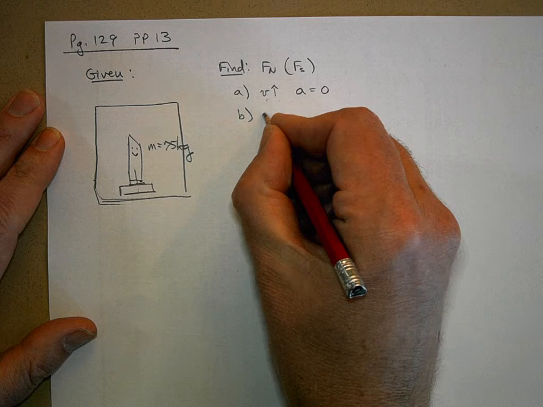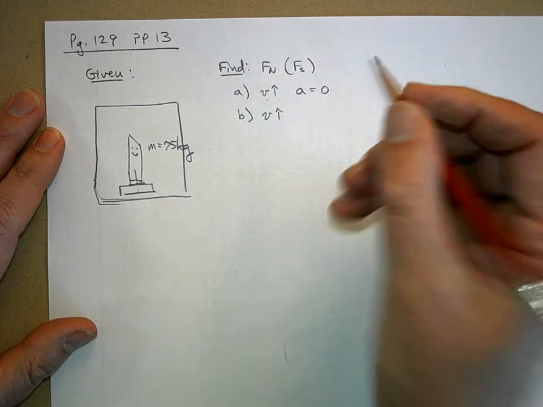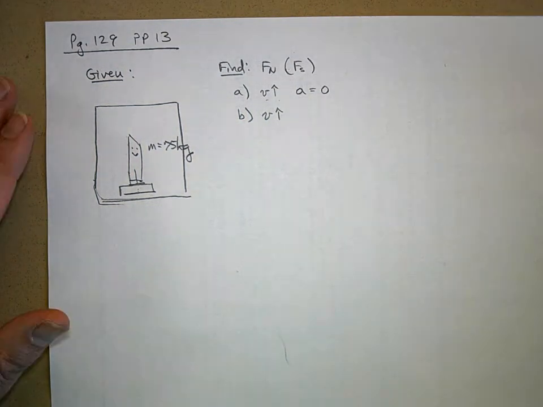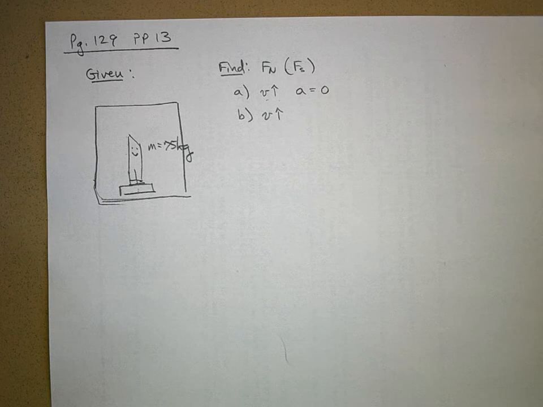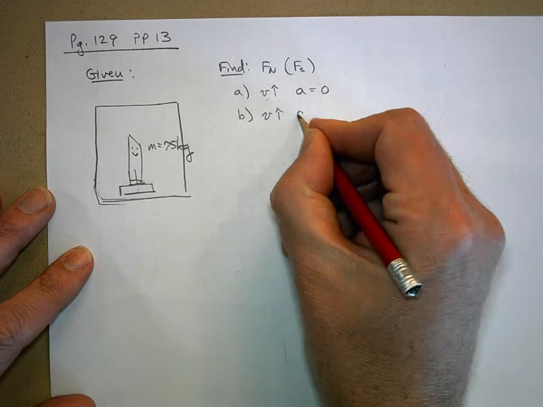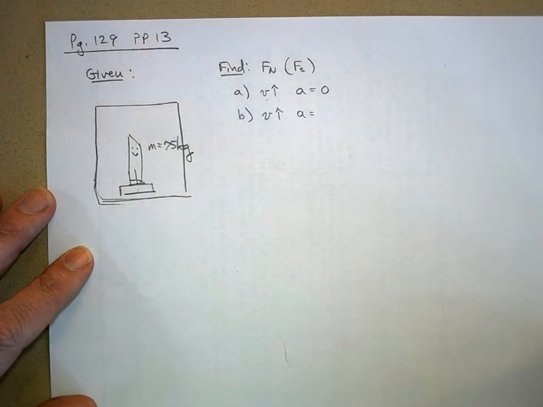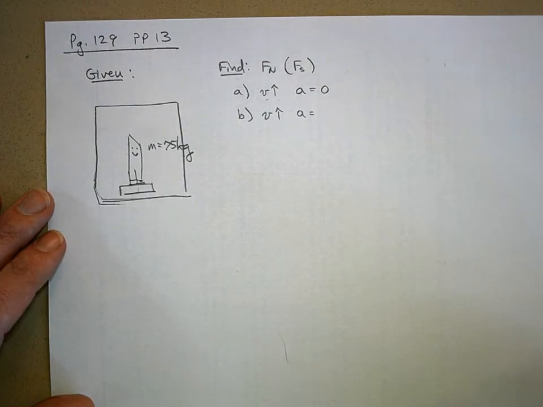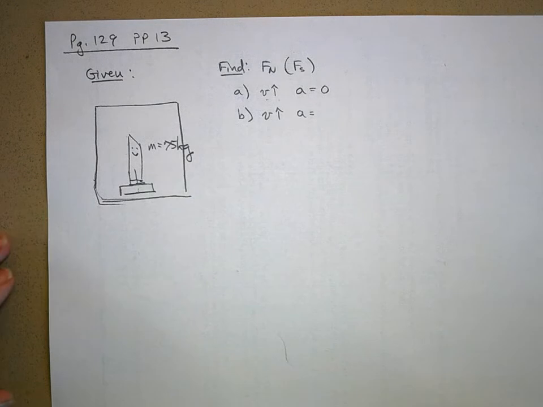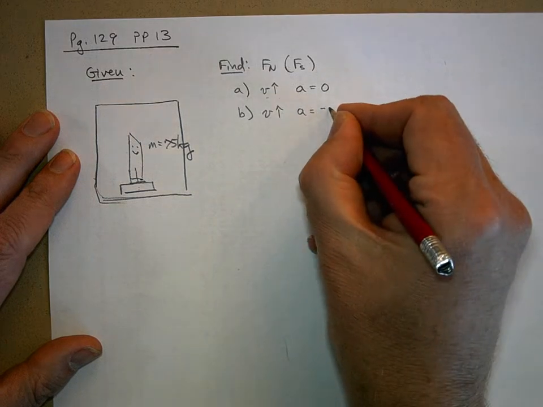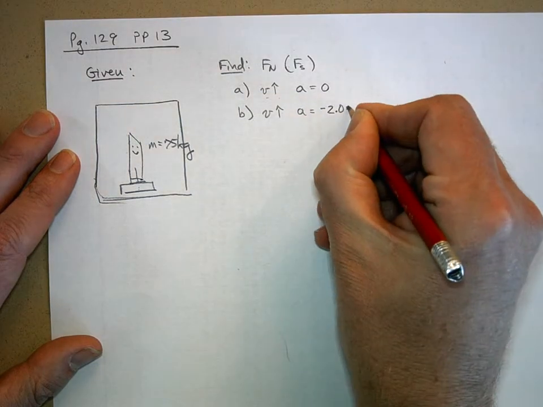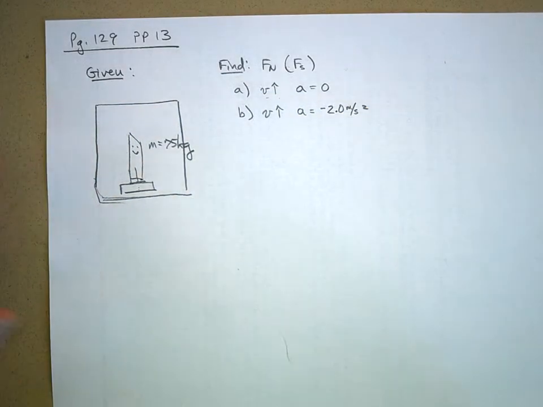So the velocity is upward, but it's slowing down. What does that mean is true about the direction of the acceleration? It's negative, it's down. If the velocity is up and we're slowing down, that means the direction of the acceleration is downwards. And so we want to accelerate down at 2 meters per second squared. And the way we say down is negative 2.0 meters per second squared.